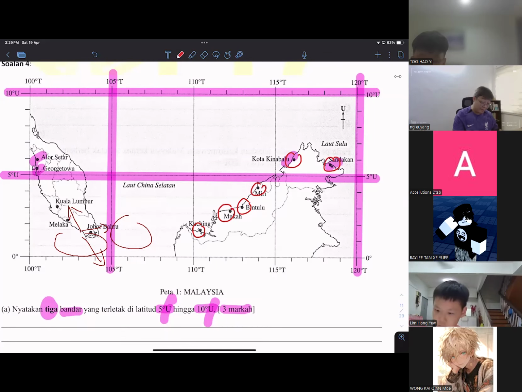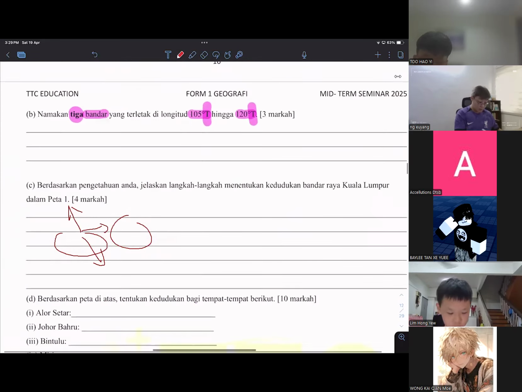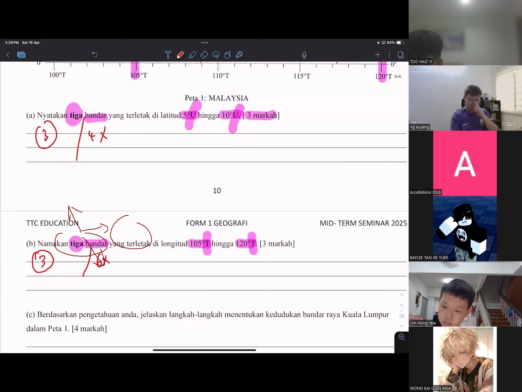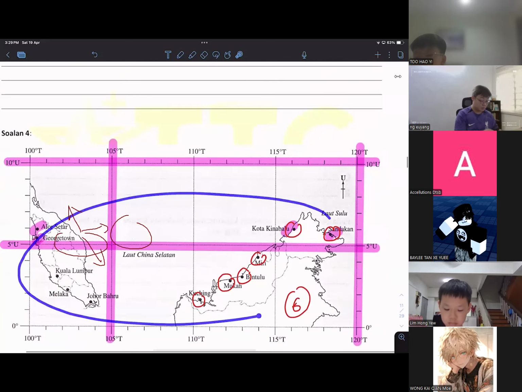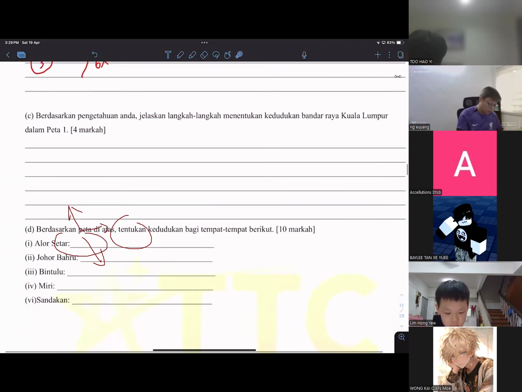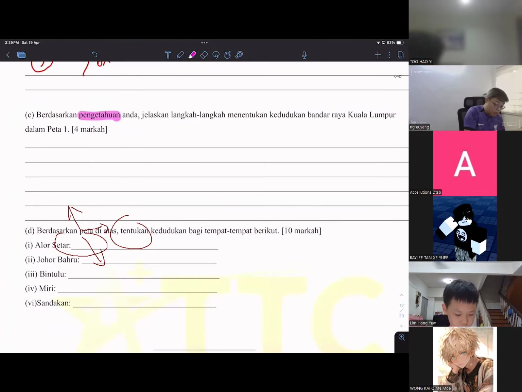Total we have 6, but we just mention 3. Understand? Don't need to mention 6 or 4. We just mention 3 from the cities I circled for you.